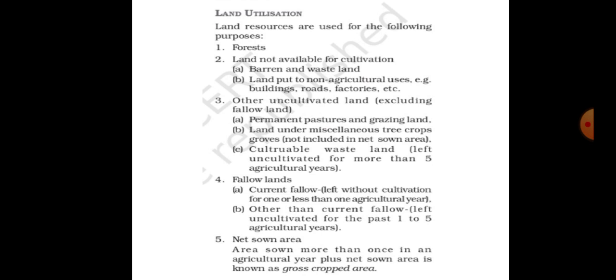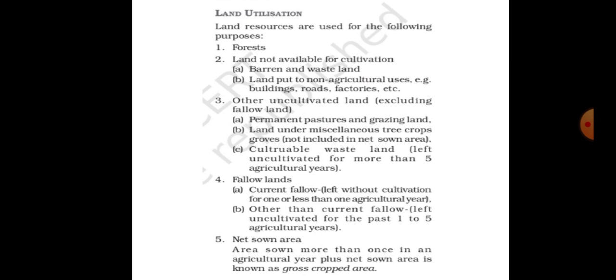Cultivable wasteland means land left uncultivated, which is not used for agriculture for more than 5 agricultural years. When we say agricultural years, all the three crop seasons are included: Kharif, Rabi, Zaid. And next we have fallow lands.